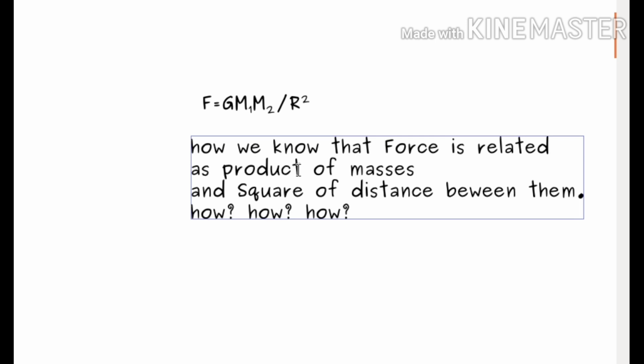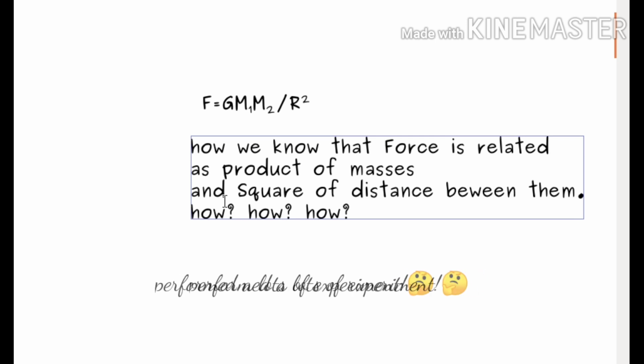Means how did the discoverer know this? How did Newton know this, that the force is dependent on the product of masses? And the secondary thing is the square of distance between them. Okay, so it was a predicted theory, and by experimenting again and again he got this result.